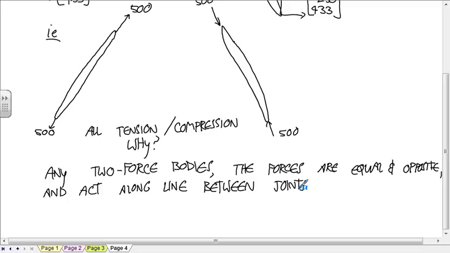And the reason that is, so let's just think of some general object, and let's say that there's a force here and a force here. And say that there was a force acting this way. If this is going to satisfy Newton's second law for equilibrium, what direction does the force have to act on the other side?